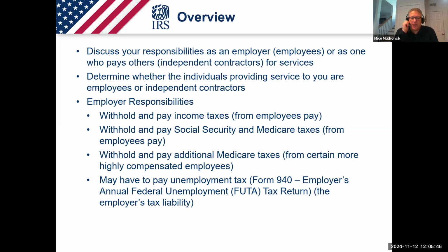And you may have to pay unemployment tax as an employer. This is the employer's responsibility, and you would file the unemployment tax return on that Form 940, which is identified in that last bullet point. So again, that last tax, unemployment tax, is strictly the employer's responsibility.